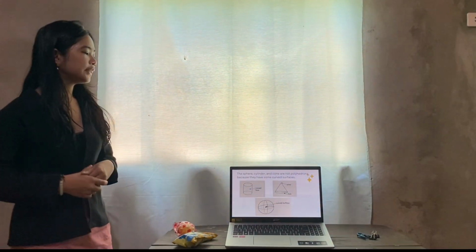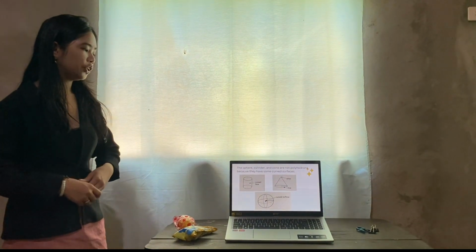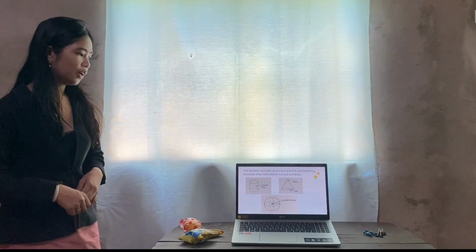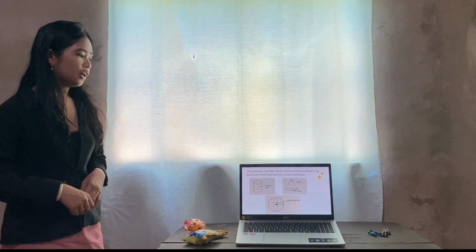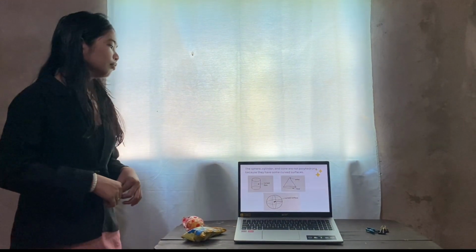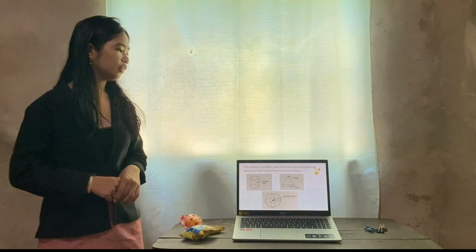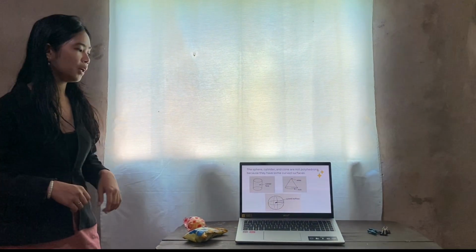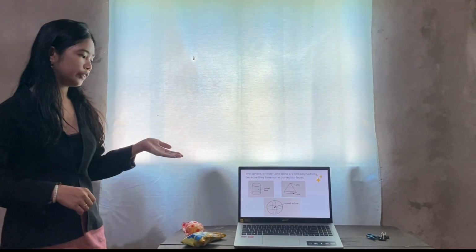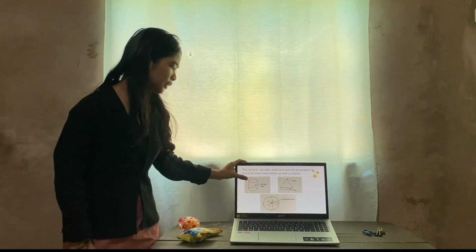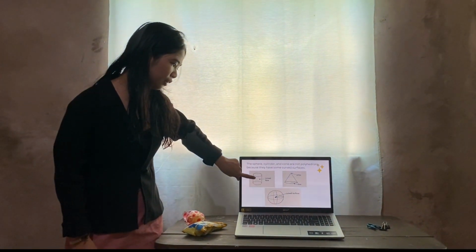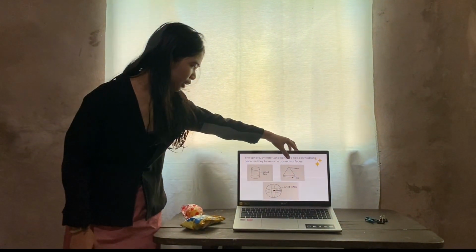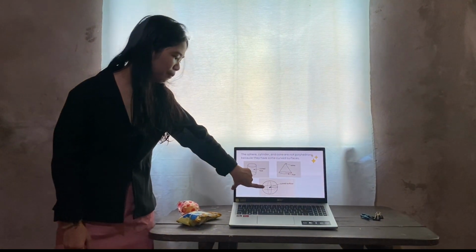So the sphere, cylinder, and cone are not polyhedrons because they have curved surfaces. So they are also called not polyhedrons because they have curved surfaces like this cylinder, this cone, and this sphere.